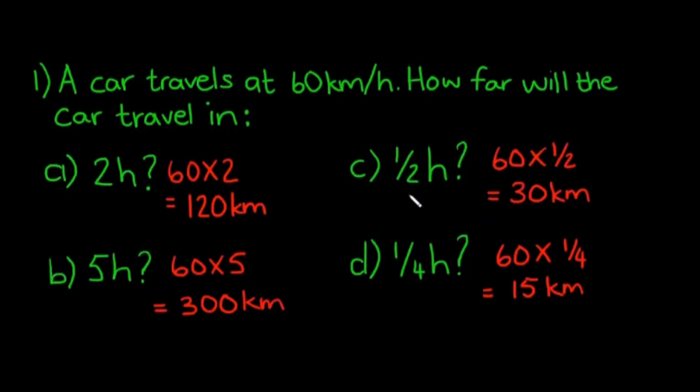At C, half an hour, my time has increased by a half, which means it's 60 times a half, which gives me 30 kilometers. And D, 60 times a quarter, because it's a quarter of an hour, will give me 15 kilometers.